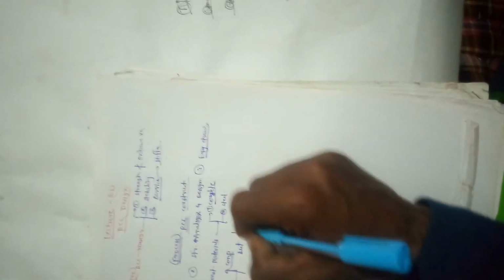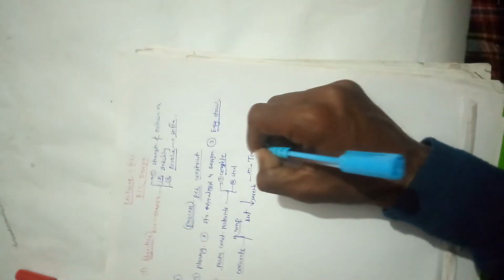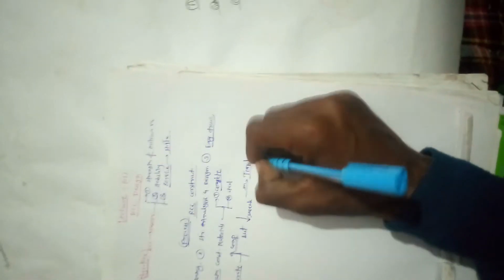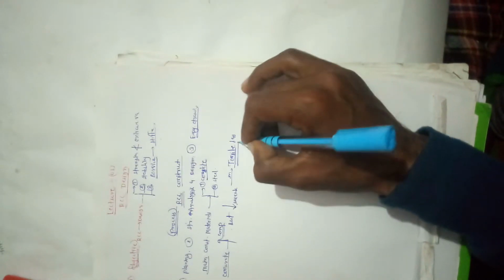Concrete is very strong in compression, meaning its compressive strength is high, but concrete is weak in tension, meaning its tensile strength is less. So it is the drawback of concrete.